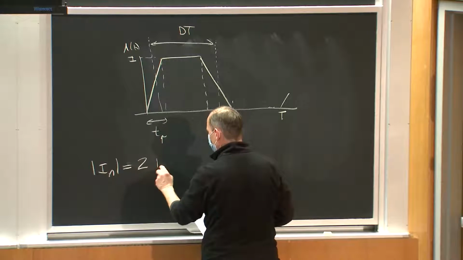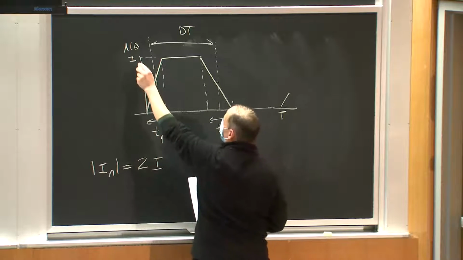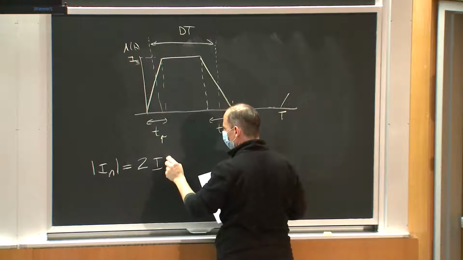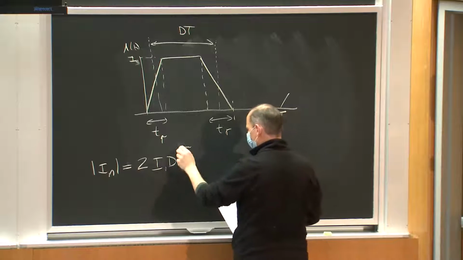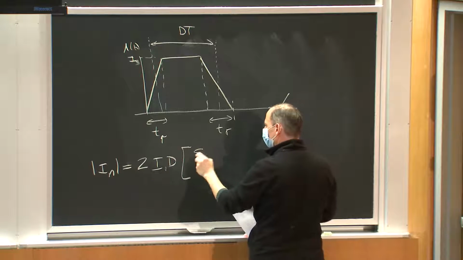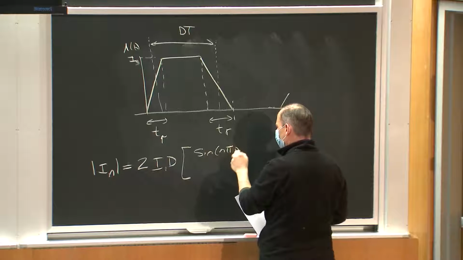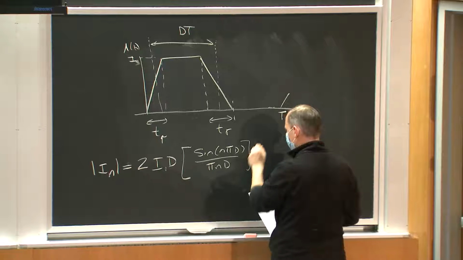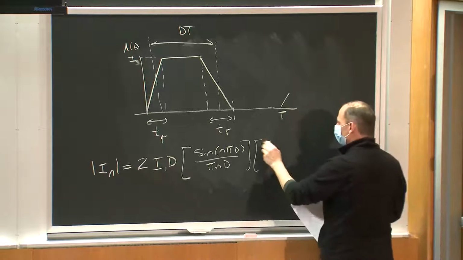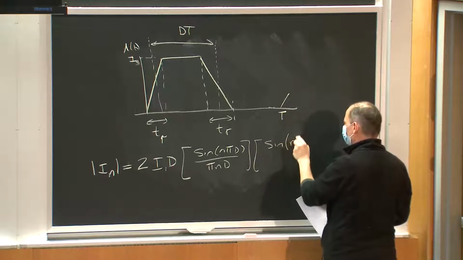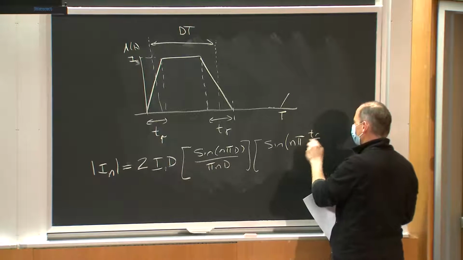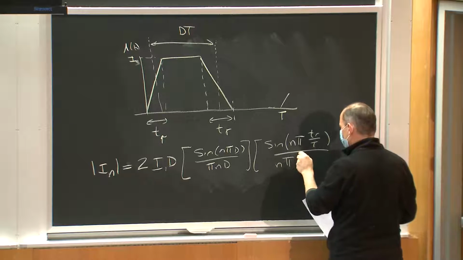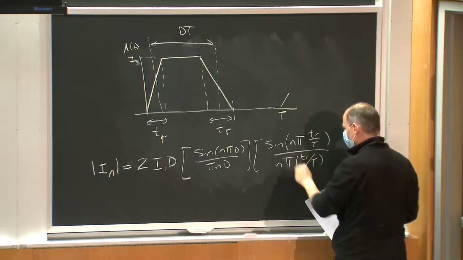It looks like this: I'm sorry, it's 2I times the duty ratio times sine of n pi d over pi nd, times sine of n pi tr over t divided by n pi tr over t. Okay?